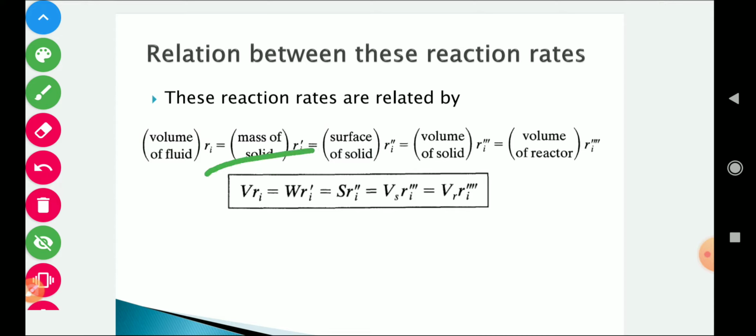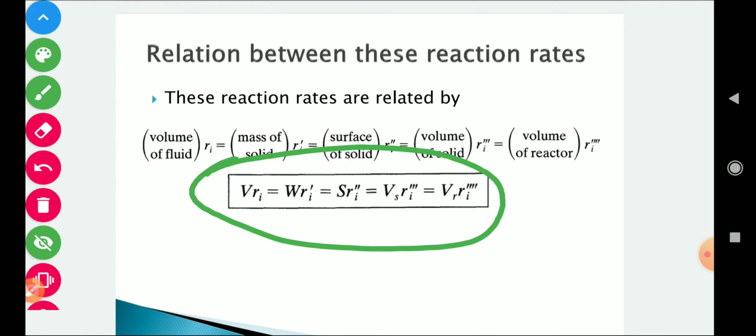You can see this in these equations also; all these equations are similar.